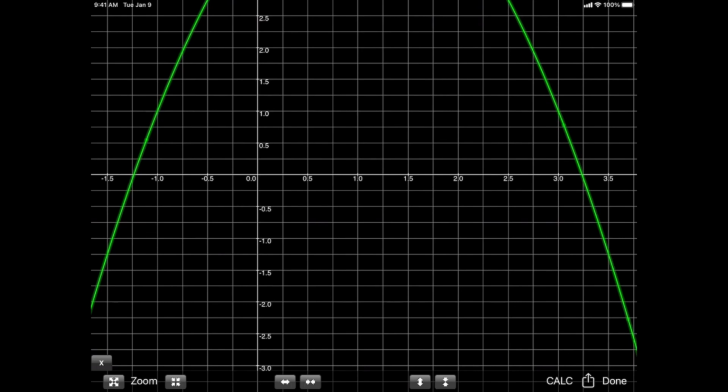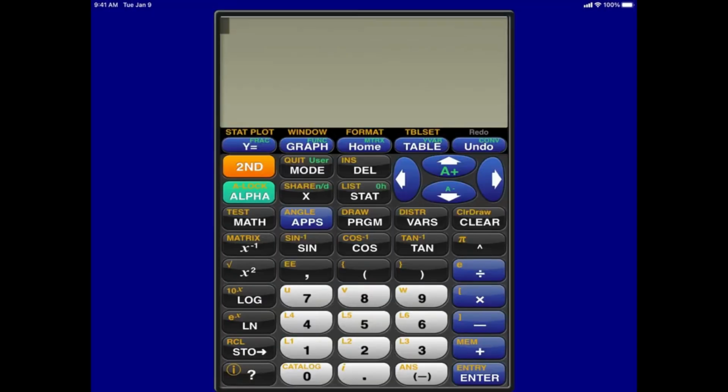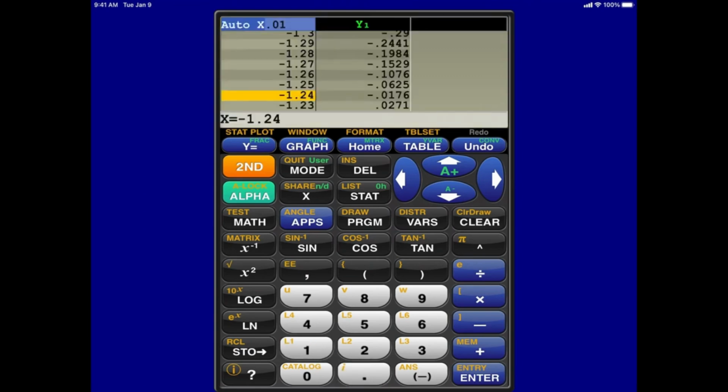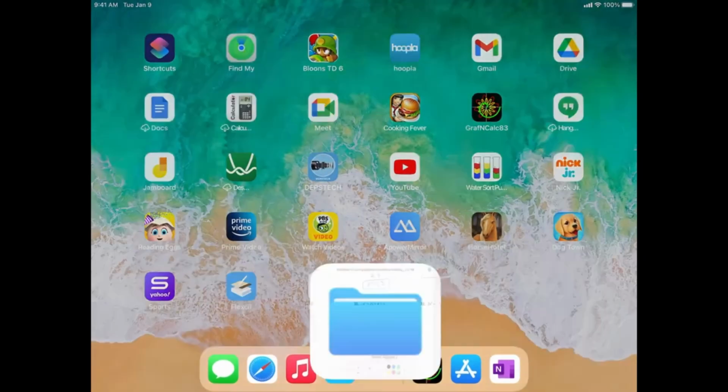Negative 1.25. Let's try it. Second table set, negative 1.25. Table. Okay, there's this change between negatives and positives, so that's around negative 1.24.